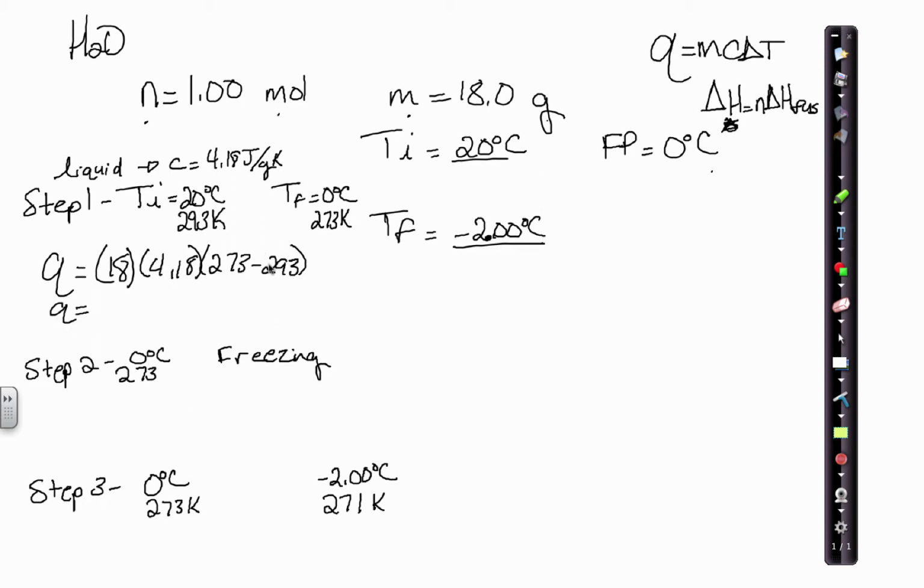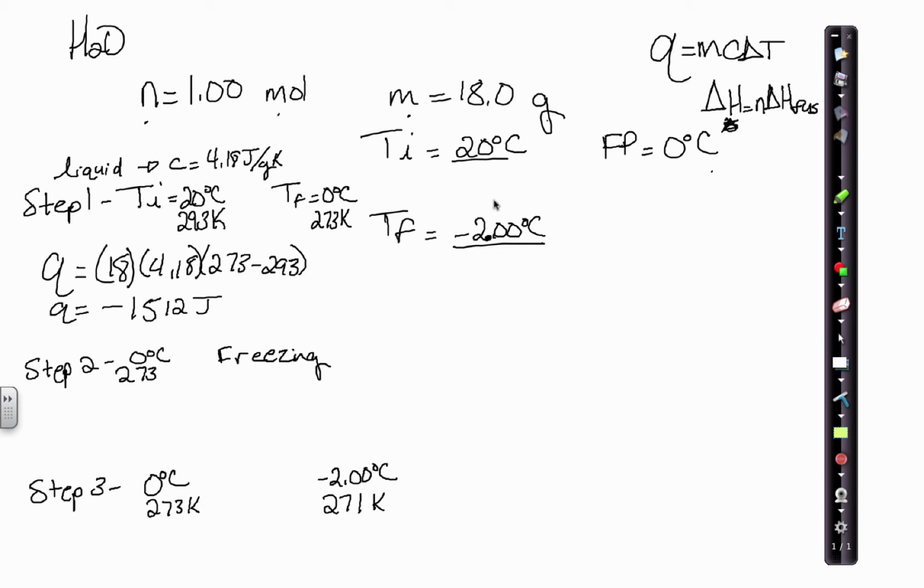So you should get a negative delta T here because you're going from 20 to 0, so it's final minus initial. Okay, so when I solve to get the heat energy here, I'm going to get -1512 joules.